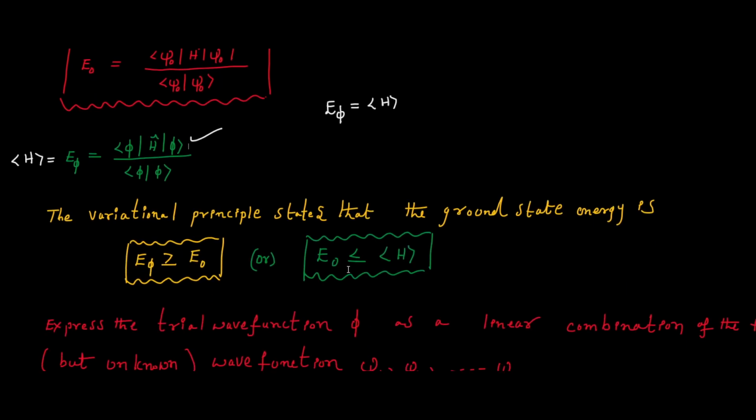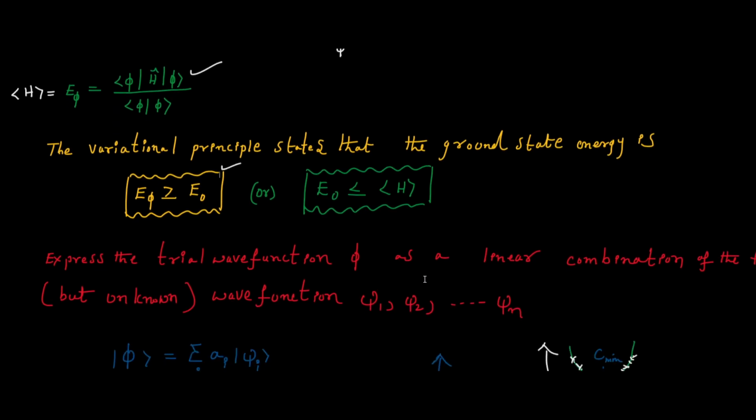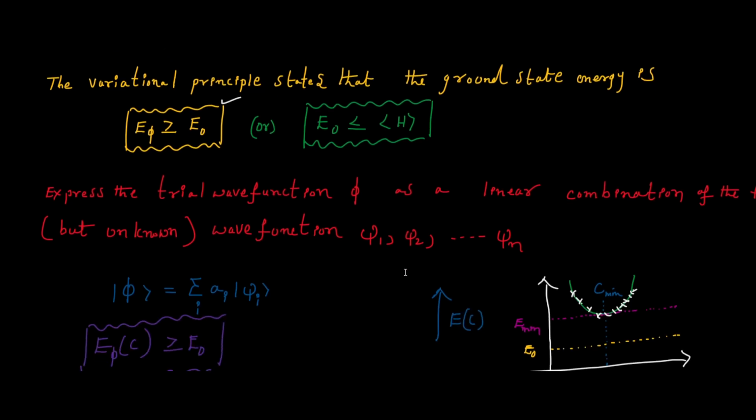This is the principle of variation. For example, if you take the trial function as a linear combination of two wave functions, but we don't know the exact wave functions, then we can write this linear combination.